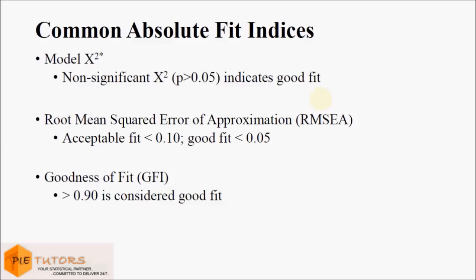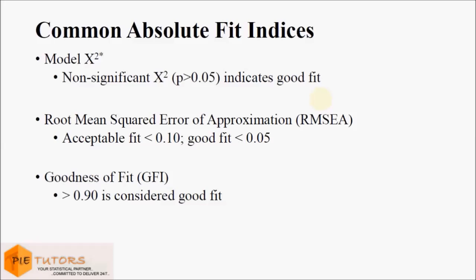The root mean squared error of approximation looks at the average size of the residual. The smaller values of RMSEA represent better fitting model, and it provides confidence intervals in significant test. Though values less than 0.1 are acceptable, we require values less than 0.05 to conclude that the model is a good fit.